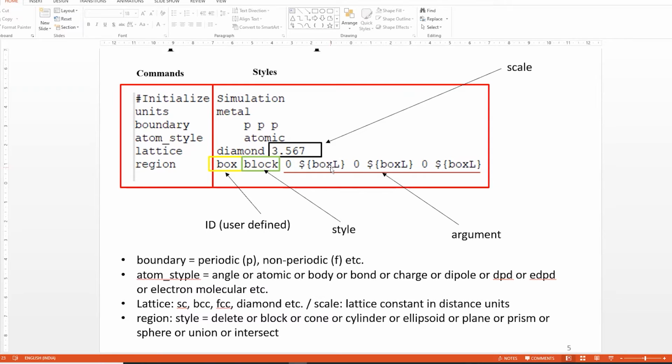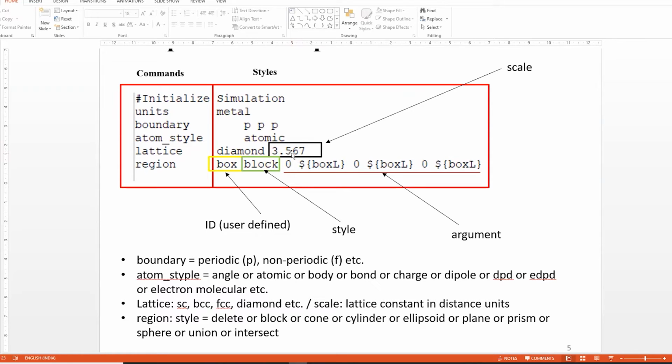So this may vary. Suppose in one simulation you can take 10 angstrom. Okay. So it will go to 0 to 10. Okay. So this 10 multiplied with this 3.567 will give you the dimension in the angstrom. Suppose if you are taking box length as a 10, so 10 multiplied with this scale. In my case, it is 3.567. That is lattice parameter.